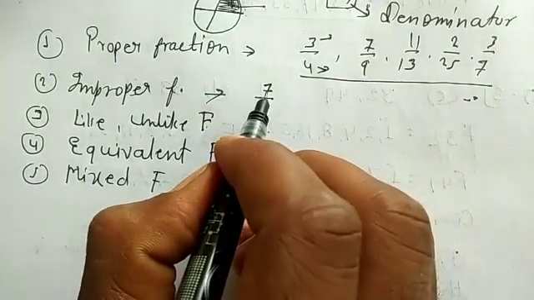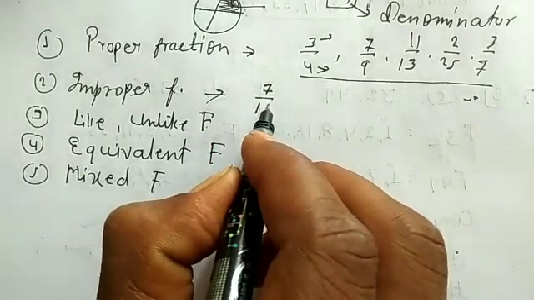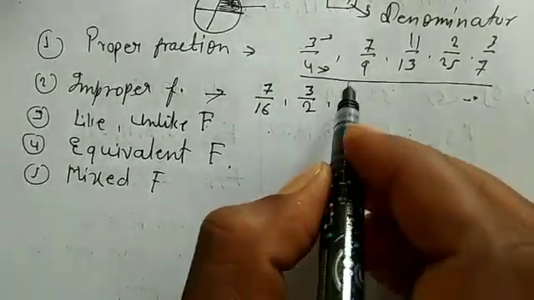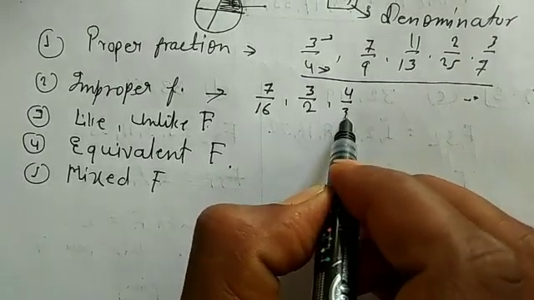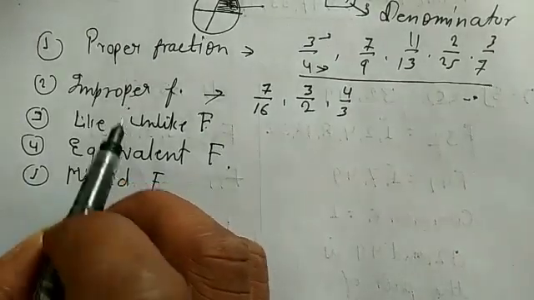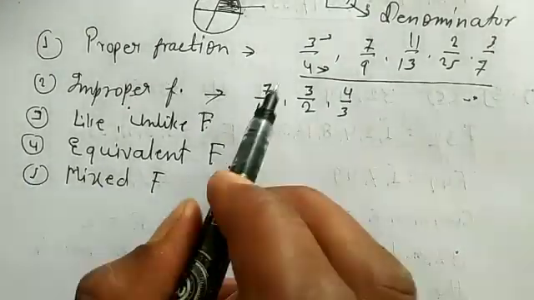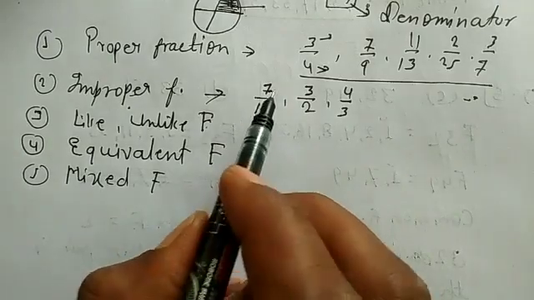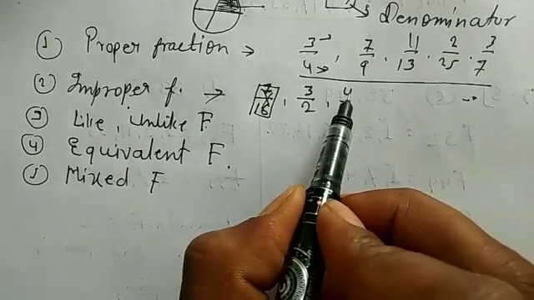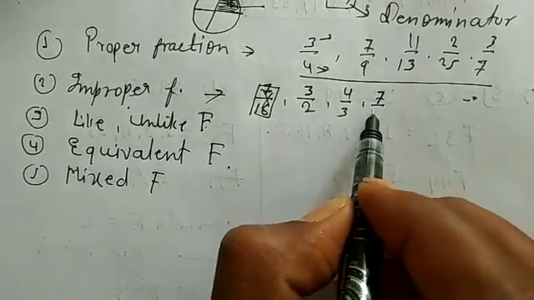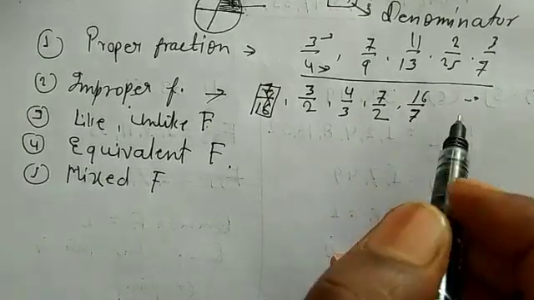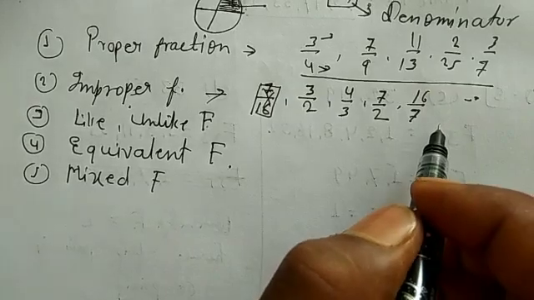The definition of improper fraction is the fraction in which the numerator is greater than its denominator. Such types of fractions are called improper fractions.